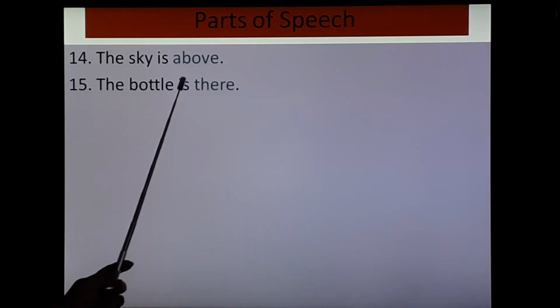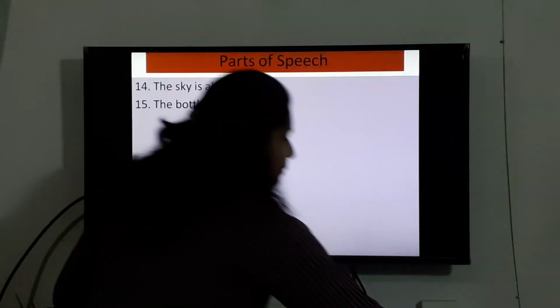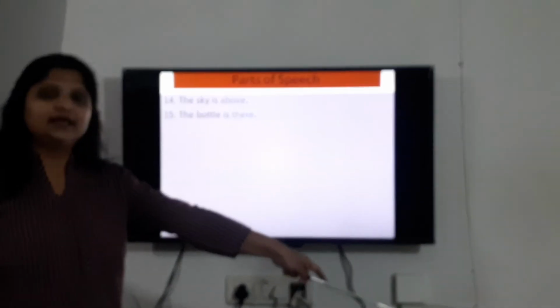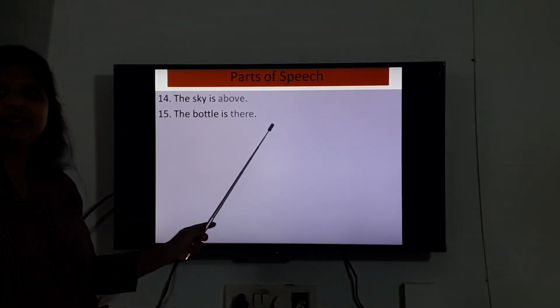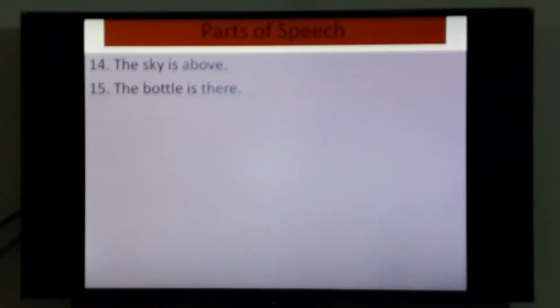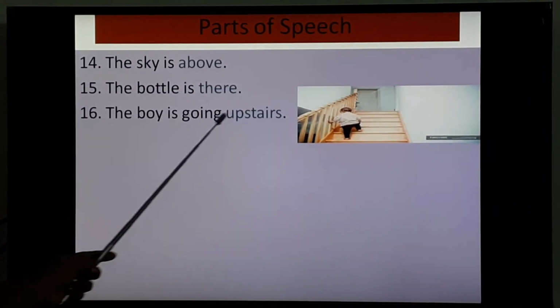The bottle is there. Now see, this is the bottle. I am putting it there. If I say the bottle is there, here there is an adverb. The boy is going upstairs.